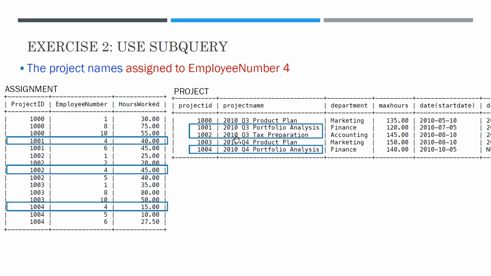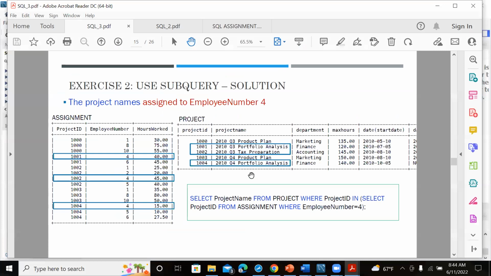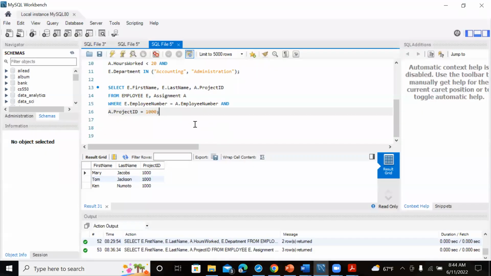Visually, is this clear? Remember, it's going to first select employee number, look at the corresponding project ID for those employee numbers, and use that information to check the project table. So this is the subquery. Let me stop sharing this, and let's see how we can do that in MySQL.